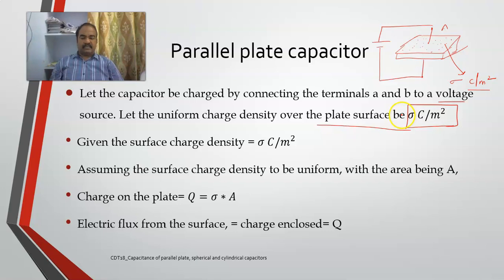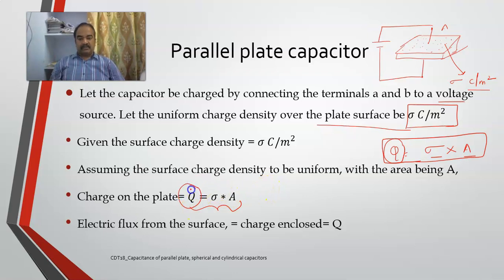If the dimensions are known, what is the charge accumulated? It is the surface charge density times the area, assuming a rectangle or a square with a constant, known configuration. So the charge is surface charge density into area, and this is the charge on each of these plates.